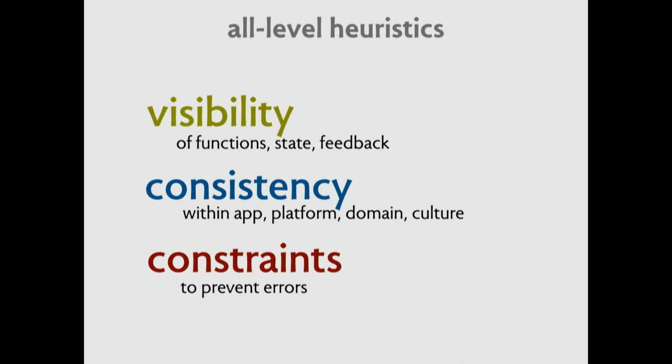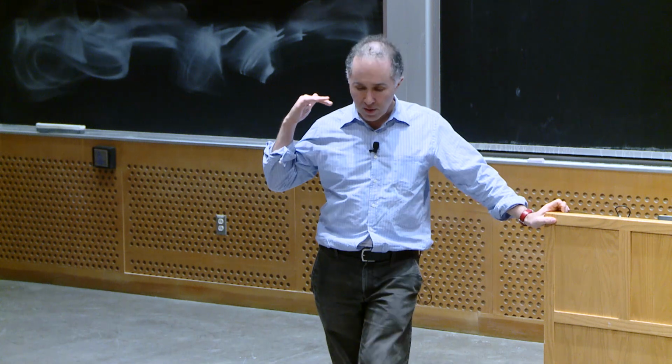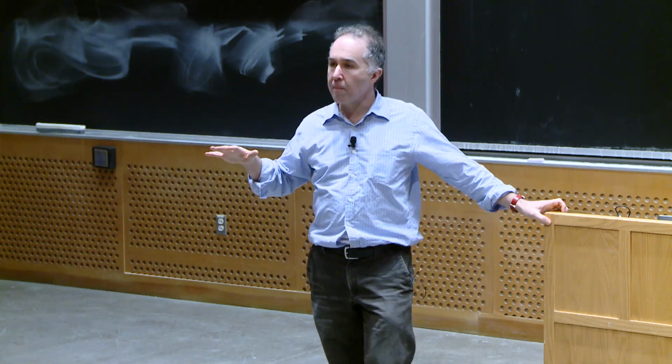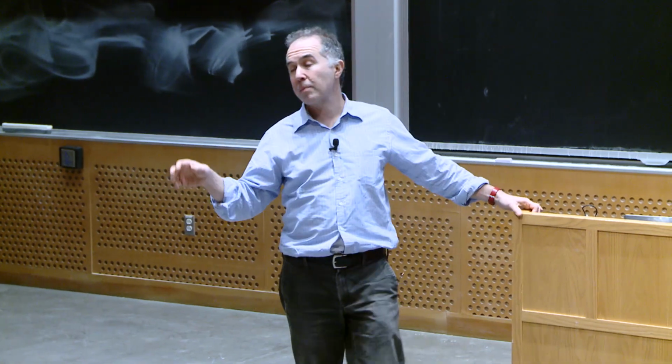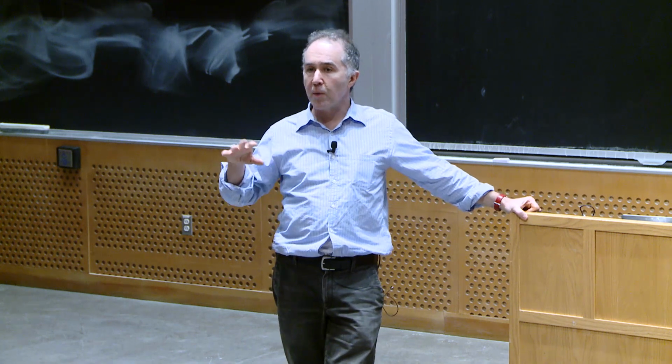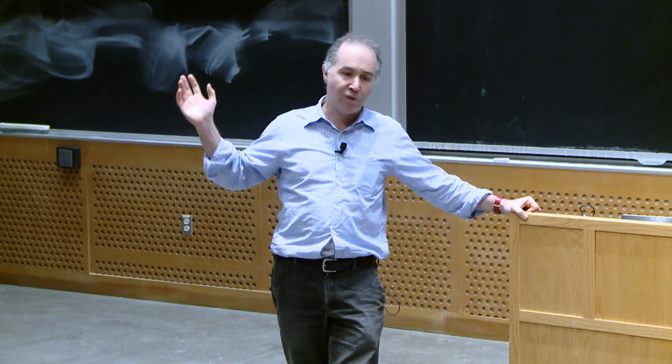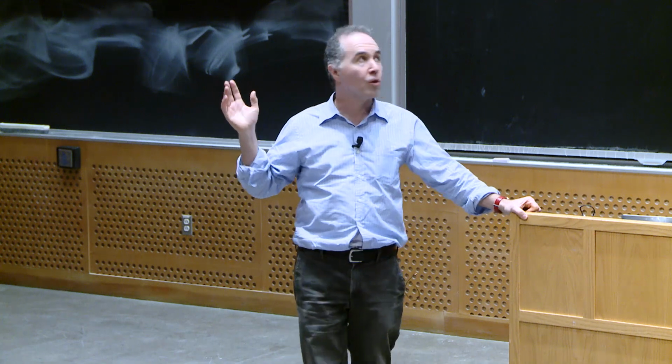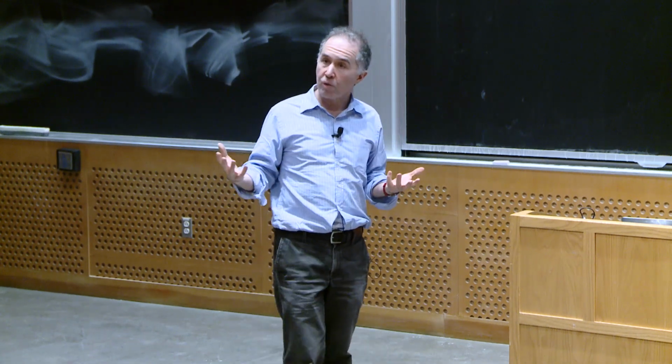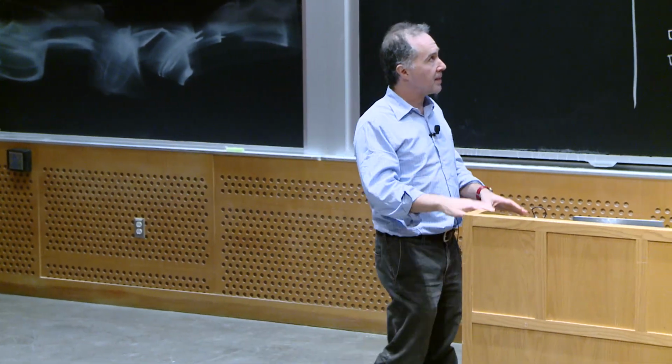Consistency, as I mentioned, many writers talk about the importance of consistency at different levels, whether it's within an application, whether it's across the applications within a particular platform, whether it's in a domain like air traffic control or online stores or whatever, or whether it's a cultural consistency, what people's cultural expectations are.